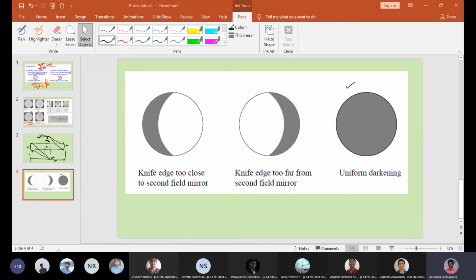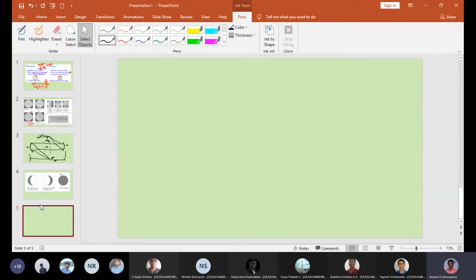So right now we have done the flow visualization techniques, whether intrusive or non-intrusive, in terms of qualitative techniques. What are those?